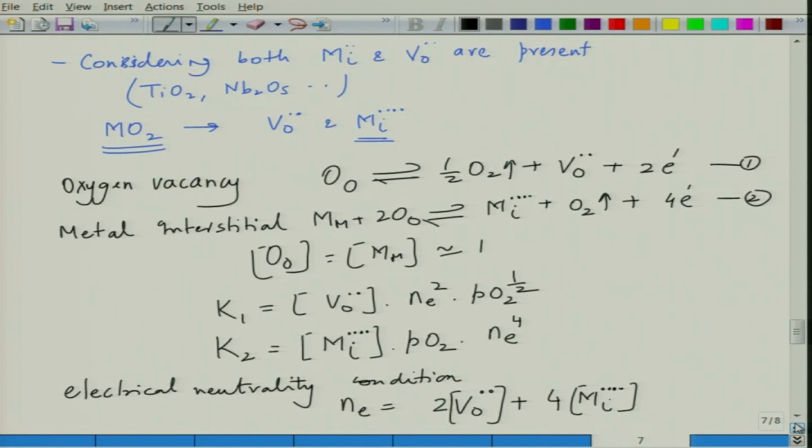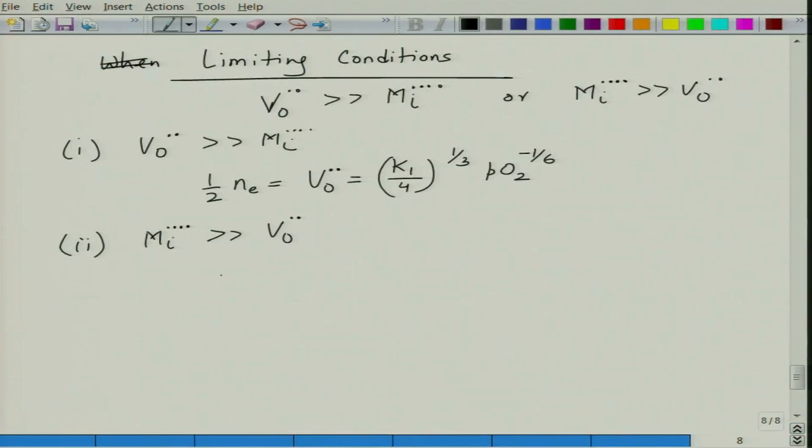So, it will become 4 to the power 4 into Mi to the power 4, right. So, basically it will become Mi to the power 5 if you multiply by this Mi. So, Mi will be equal to Ne divided by 4.